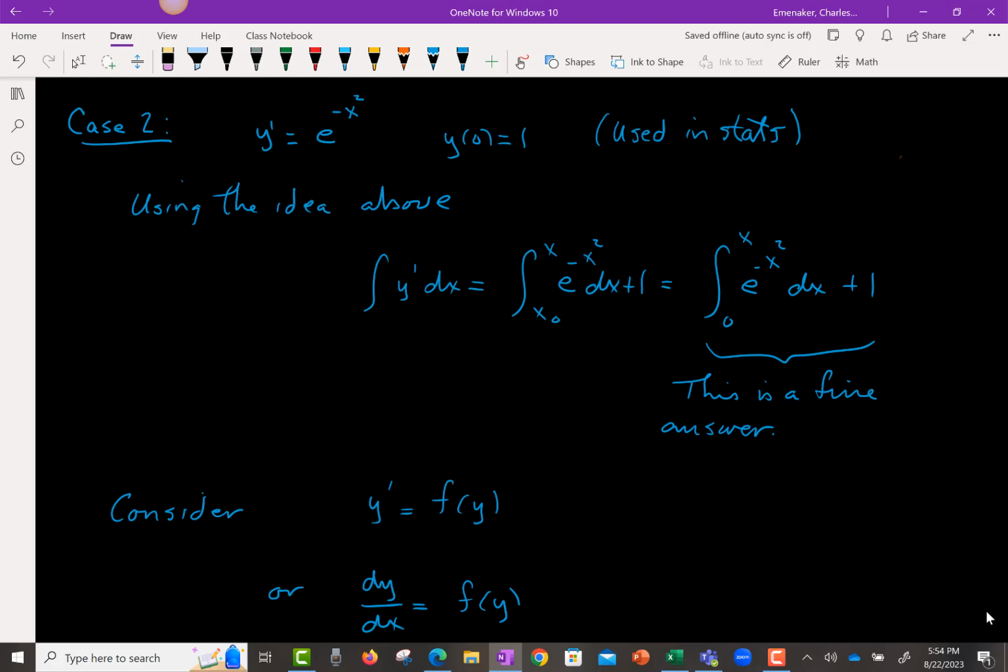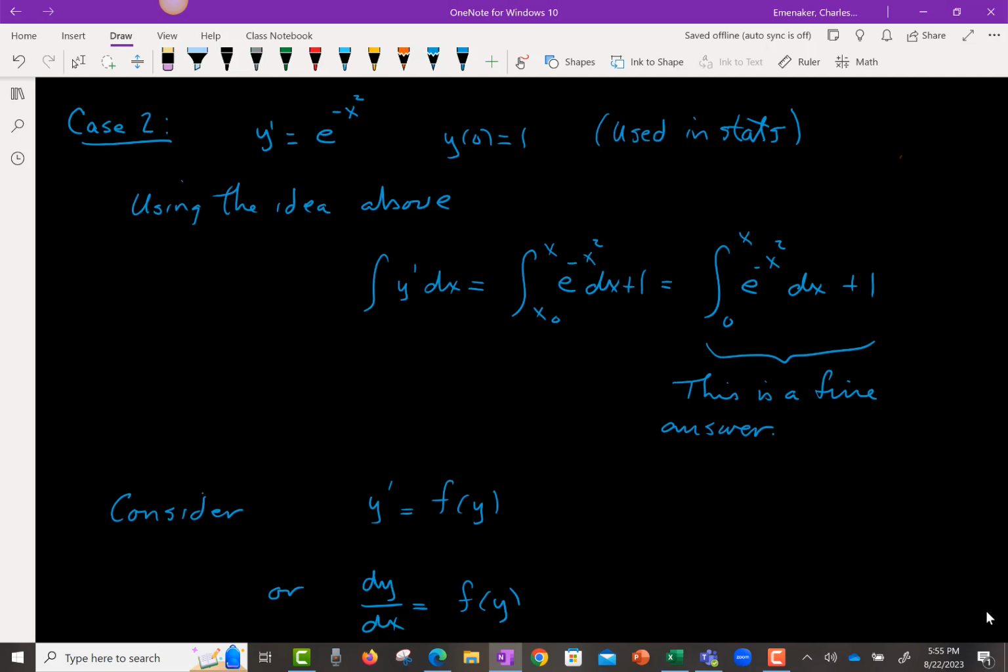So with that being the case, we can rewrite this. We know our x0 right here has the value 0, which allows us to then rewrite our lower limit as the integral from 0 up to x of e to the negative x squared dx plus 1.